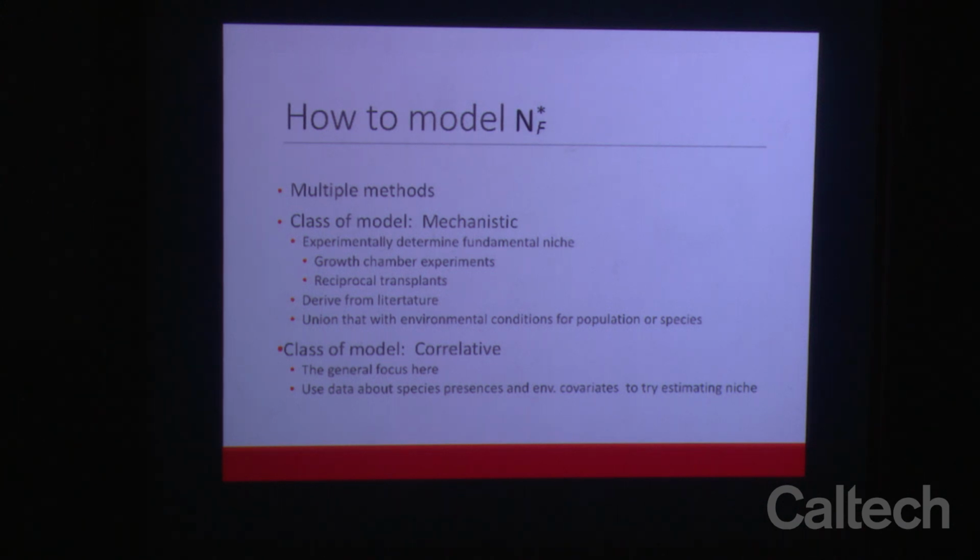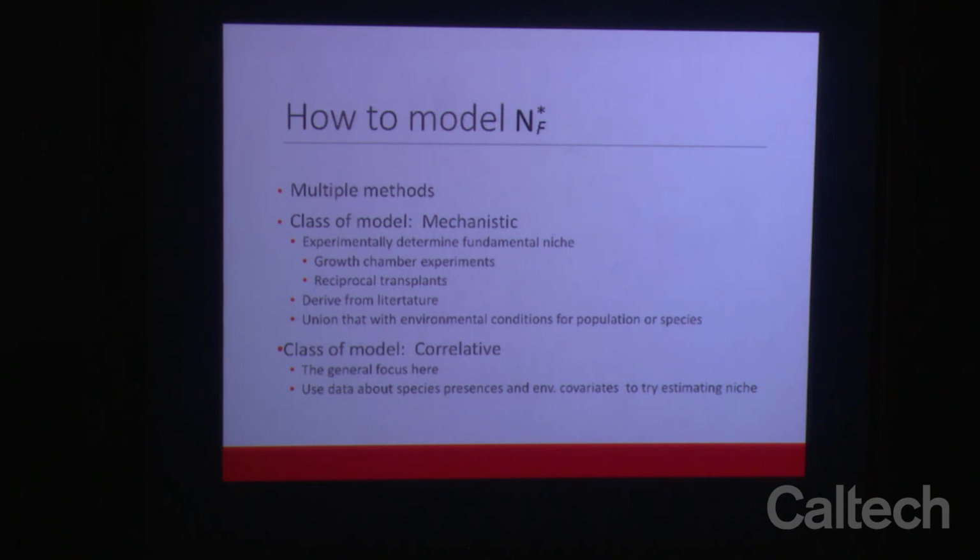So mechanistic models are basically ways to experimentally determine a species' fundamental niche. These can be done in growth chambers, looking at physiological tolerances, or using reciprocal transplant experiments, or they could actually be generated from biophysical models where we know something about heat loss functions and thermobiology to basically be able to generate knowledge about how species function biophysically in their environment. And you can also derive these from known physiological data from the literature.